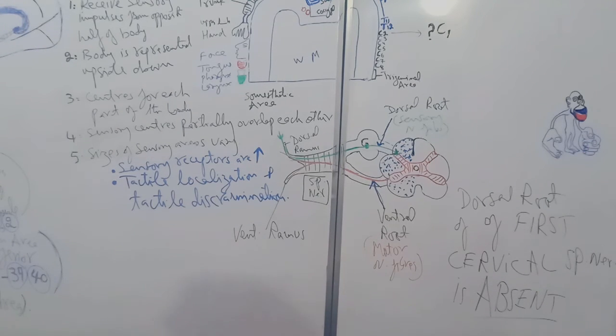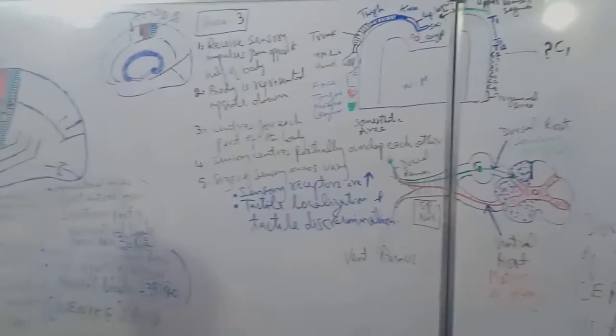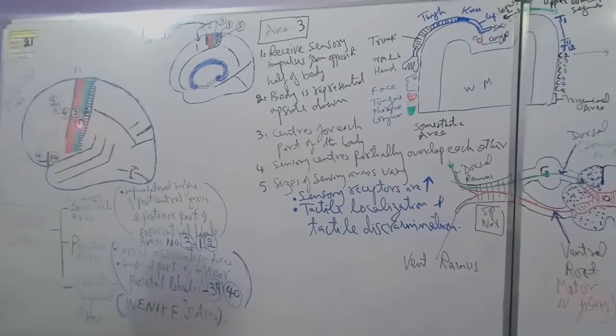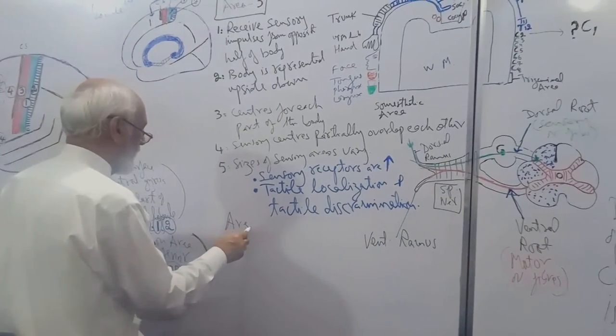Now this was about area number 3, which receives sensation from the opposite half of the body. Now come to area number 1 and 2, Brodmann cortical areas.